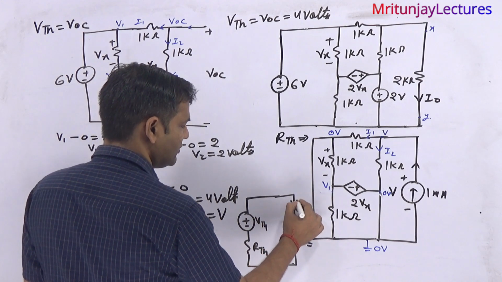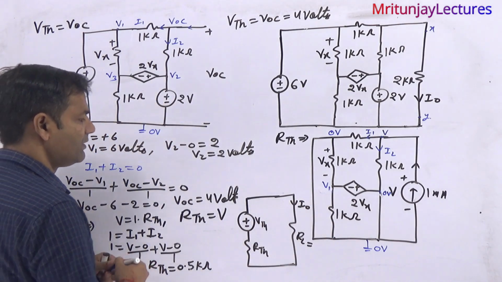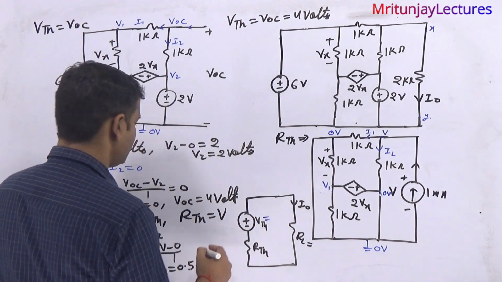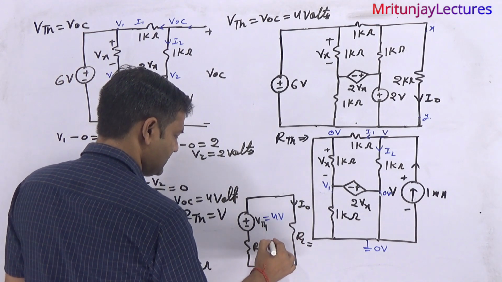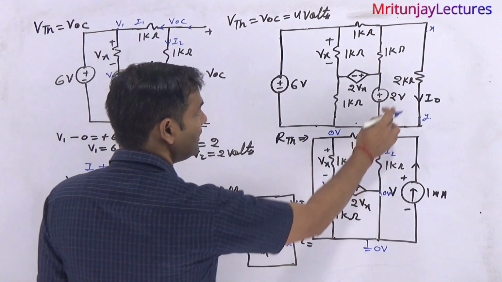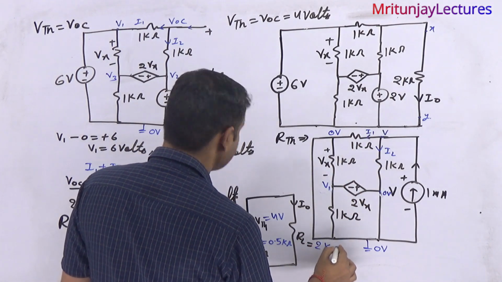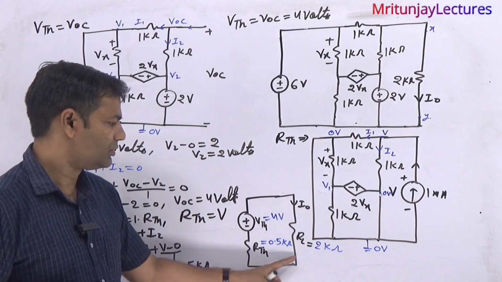Our motto is to determine the current. Very simple. VTH we got is 4 volt, RTH is 0.5 kilo ohm, and this one is 2 kilo ohm.